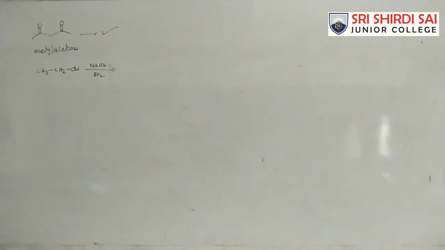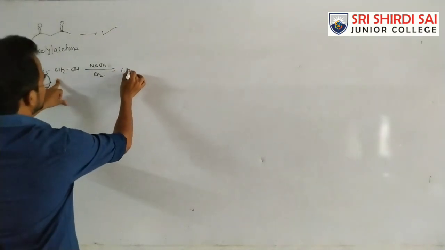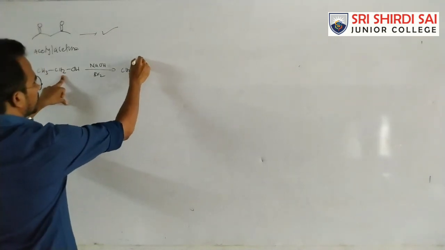In this case, first of all, this alcohol is oxidized to the aldehyde CH3-C=O-H.